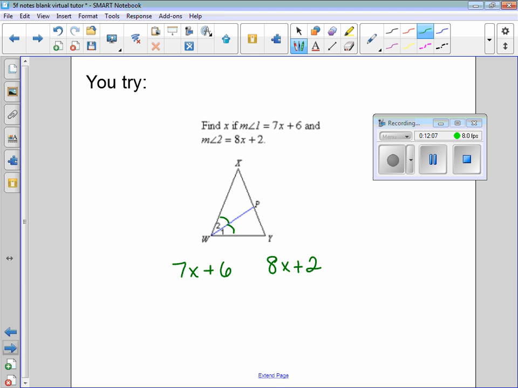Knowing the two angles that result from the angle bisector are congruent, I can now set these two expressions equal to each other. So now I solve my equation. And that gives me x equals 4.